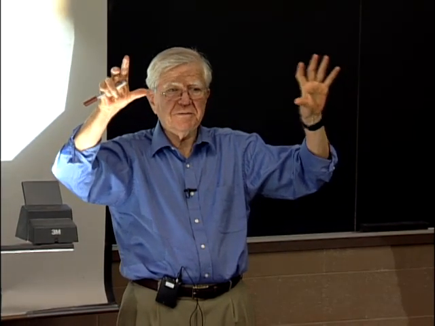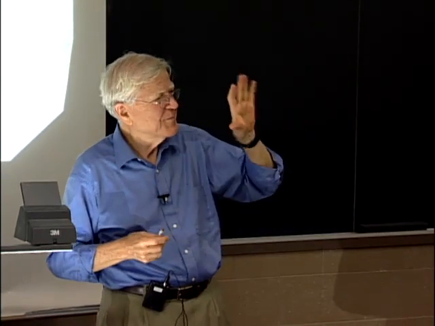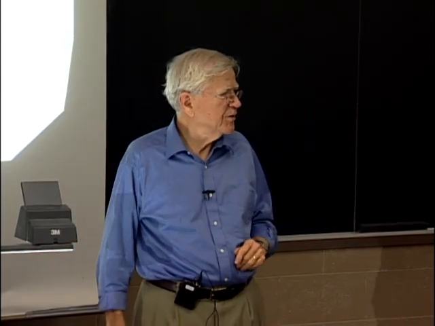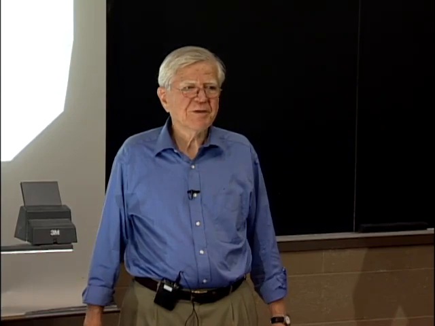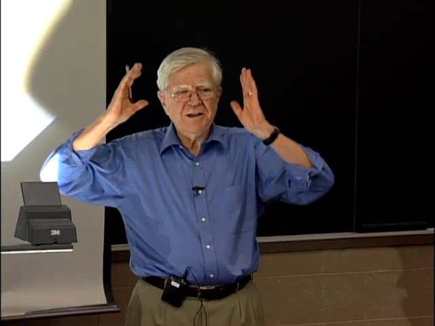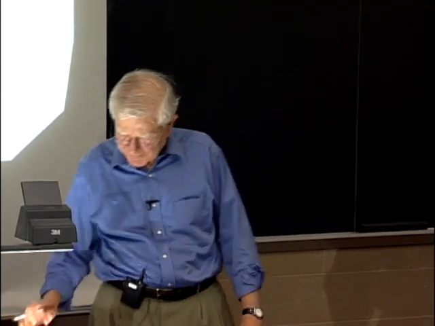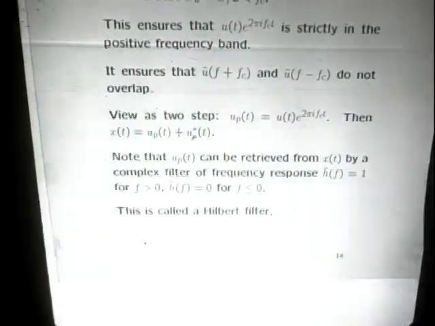So we want to design a filter which filters out the negative frequencies in x of t and only leaves the positive frequencies. In other words, you want a filter whose frequency response is just 1 for all positive frequencies, 0 for all negative frequencies. And that filter is called a Hilbert filter.